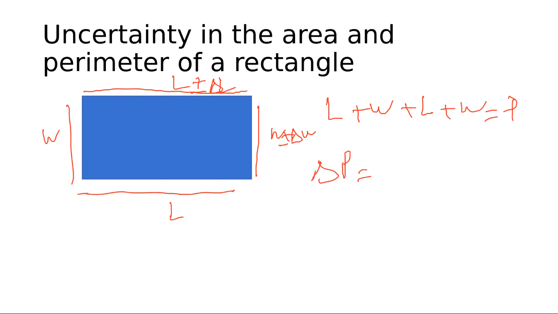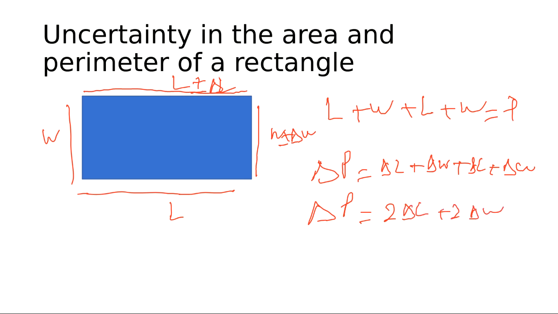For delta P, because I have an L here, I will put the uncertainty for that, plus the delta W, plus another delta L, plus another delta W. So the uncertainty will be 2 delta L plus 2 delta W, because you're using each twice.